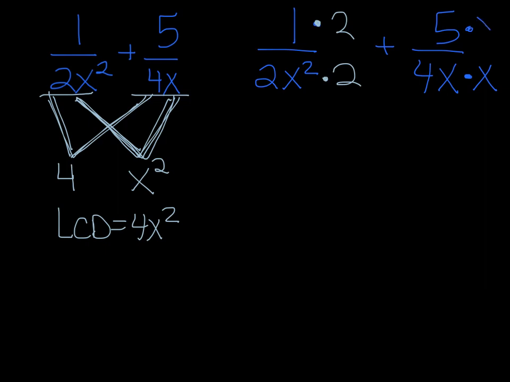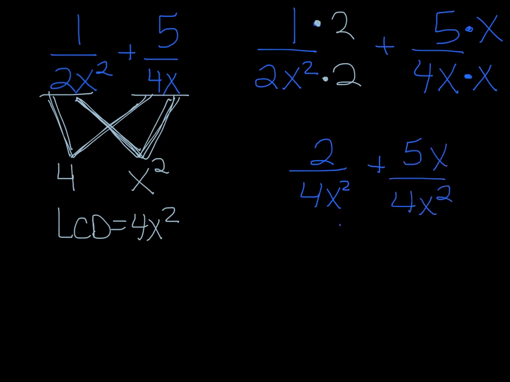And since you do it to the bottom, you have to do it to the top. So now I have 1 times 2 is 2 over 4x squared, plus 5 times x is 5x over 4x squared. Now that I have a common denominator, I can just put the 2 and the 5x together. So 2 plus 5x on top and 4x squared on the bottom.